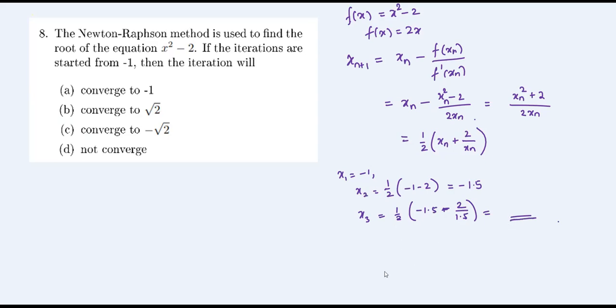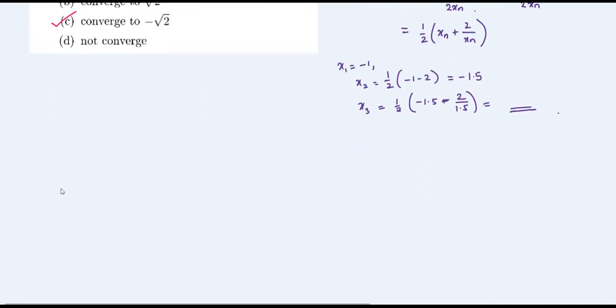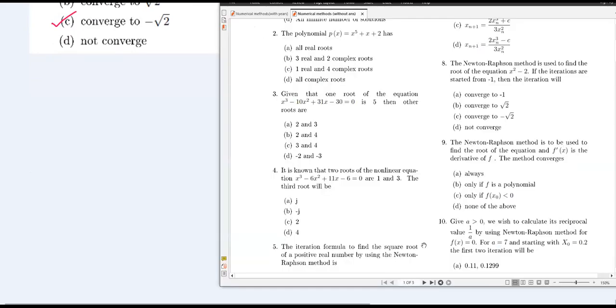Like this, it keeps going on and it converges to -√2. The positive answer is √2, that is 1.414, but it will converge to -√2, not +√2, because the iteration started with a negative value. So we need to be careful, and we should cross check like that.